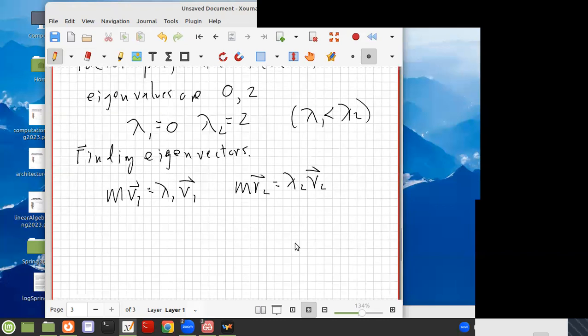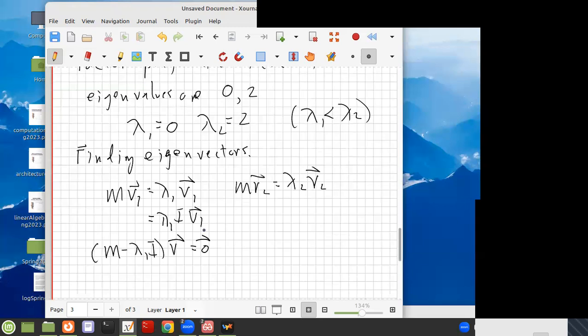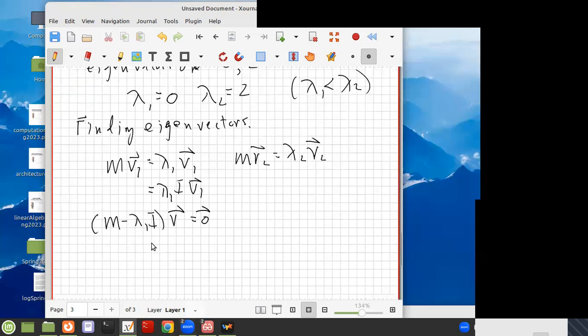Well, we can play the same trick that we did before by writing this as lambda 1 identity v1, subtracting this from both sides to get (m minus lambda 1 I) times v equals the 0 vector. Now we know there's a solution because this has no inverse, right? But this is a linear system. We actually have two linear systems, right?